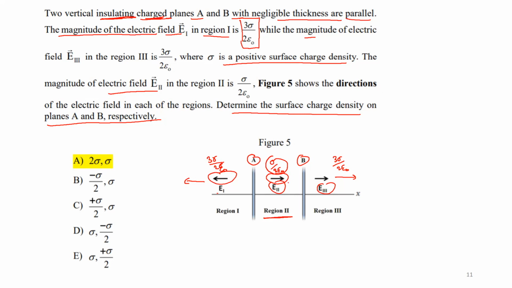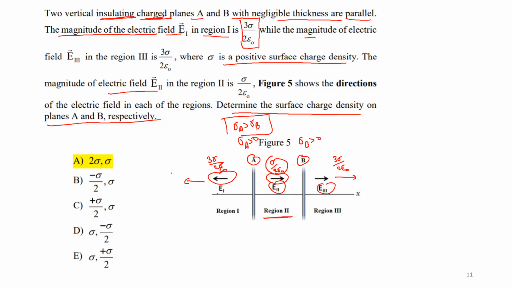The net electric field in the middle is smaller than the electric field outside. That means my two charges, sigma A and sigma B, are both positive in this case. Not only positive, but I also know which one is bigger. Of course, sigma A has to be bigger than sigma B. Now you know why. The electric field is always pointing towards lower electric potential.